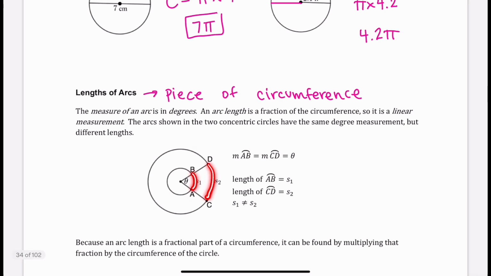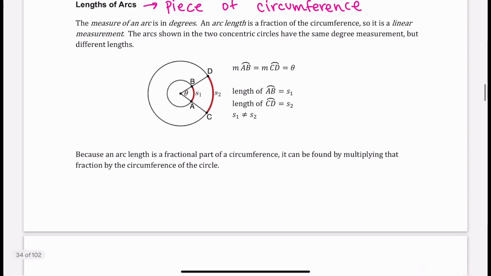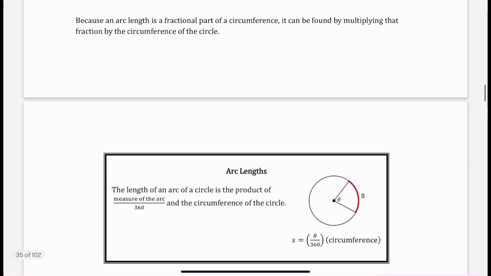This S2 is larger than S1. Just because they have the same angle doesn't mean it's the same length, because we could have a bigger or smaller circle. Because the arc length is a fractional part of the circumference, it can only be found by multiplying that fraction by the circumference of the circle.